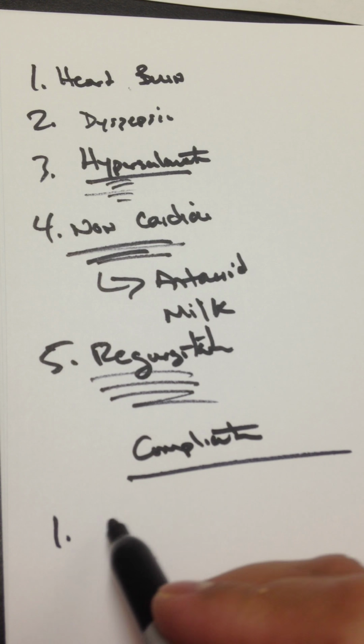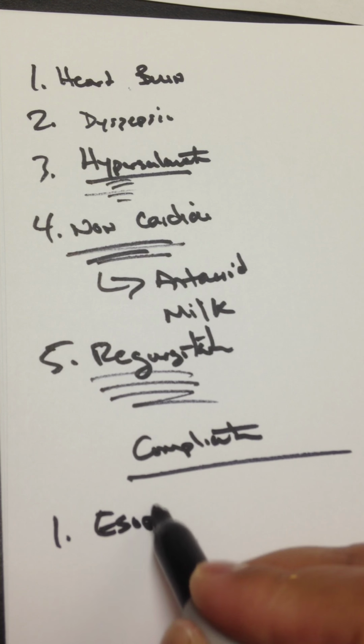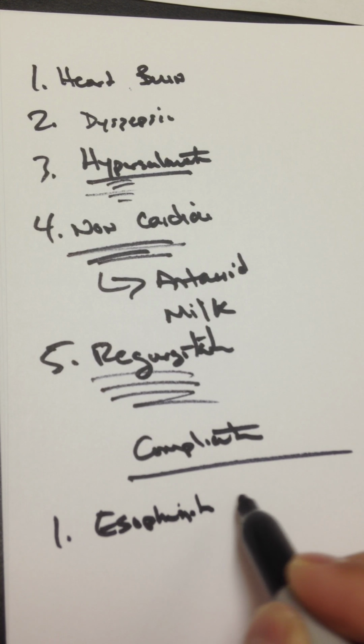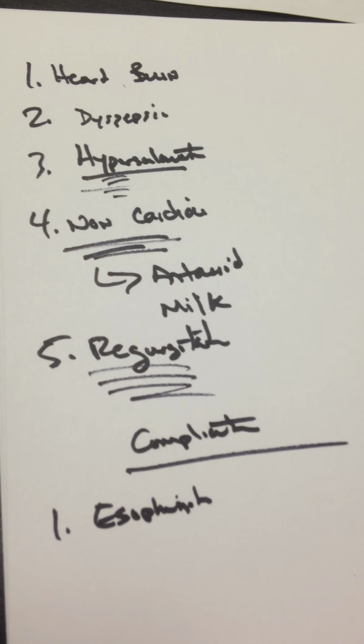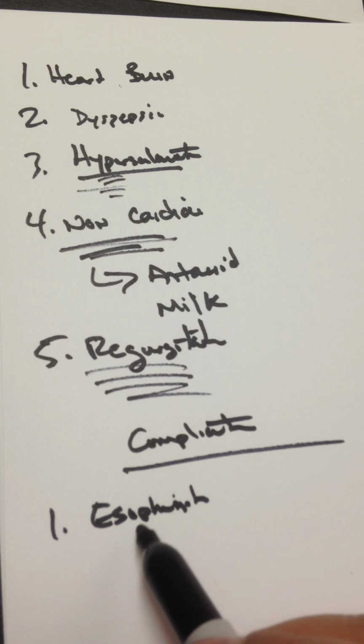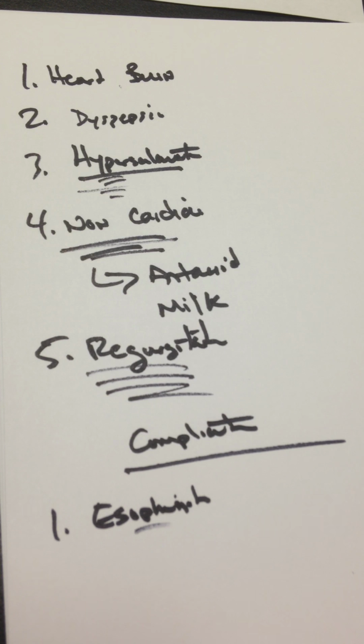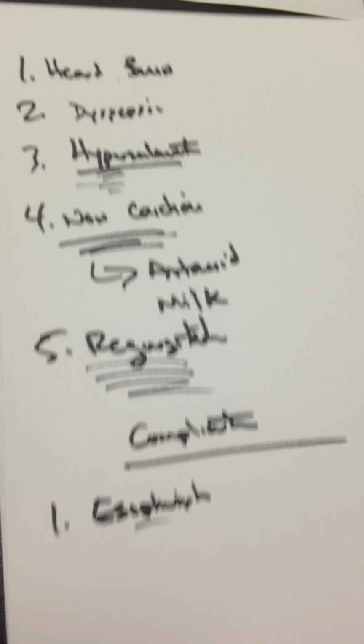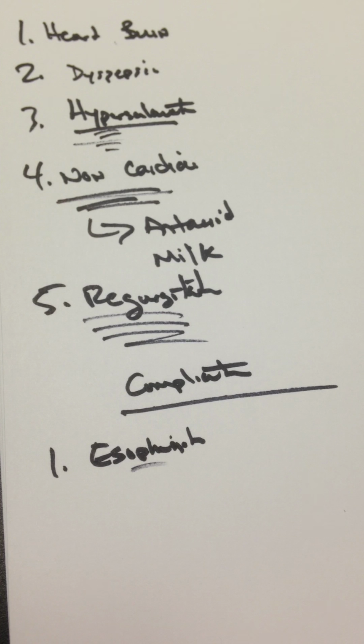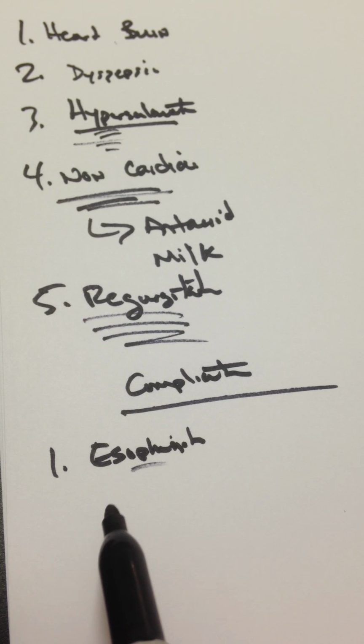Number one, esophagitis. And all this is just inflammation or irritation of the esophagus. Now, this is going to be caused by those acid contents. Because again, you have all that acid accumulating in your esophagus, and that will irritate your esophagus.